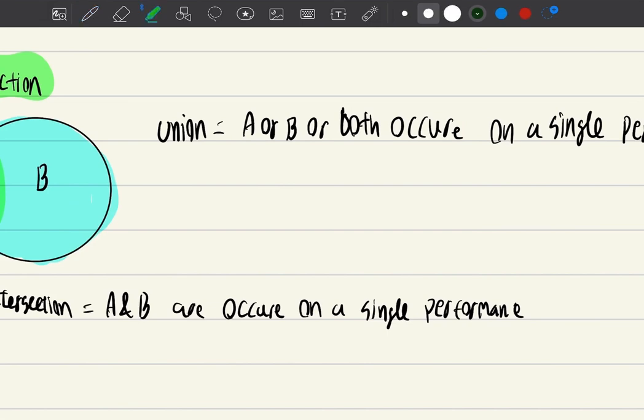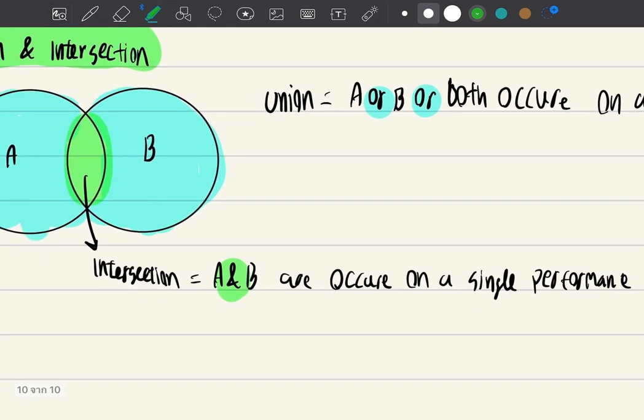You can see we have the statements or and and. Or means A occurs or B occurs, but and means both have to occur on a single performance.